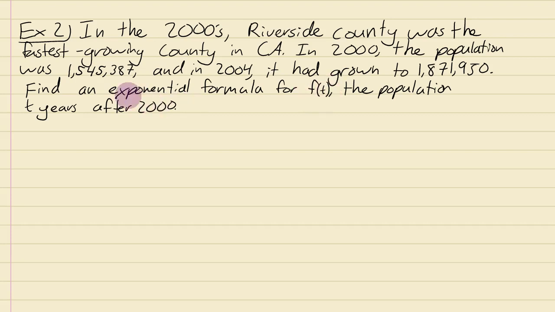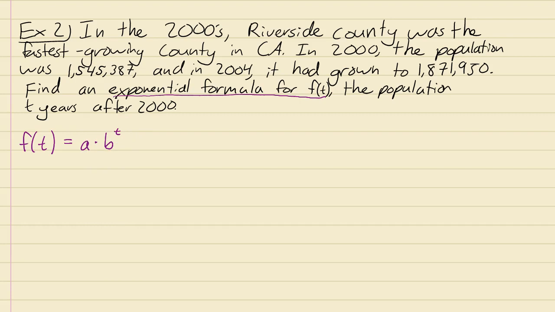Which gives you the output: the population t years after 2000. So if it's f of t, it gives you the population and it's an exponential function, it would be a times b to the power t.